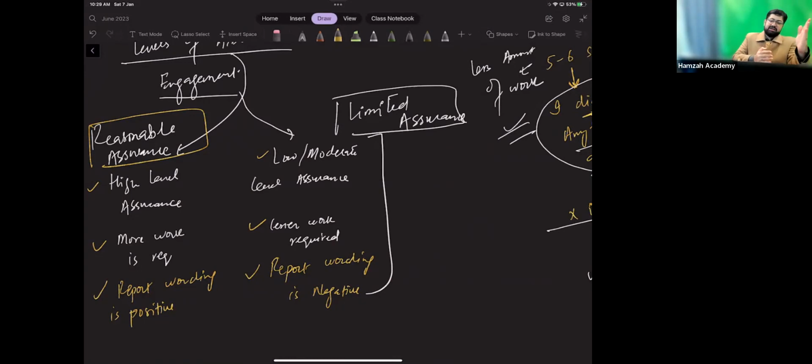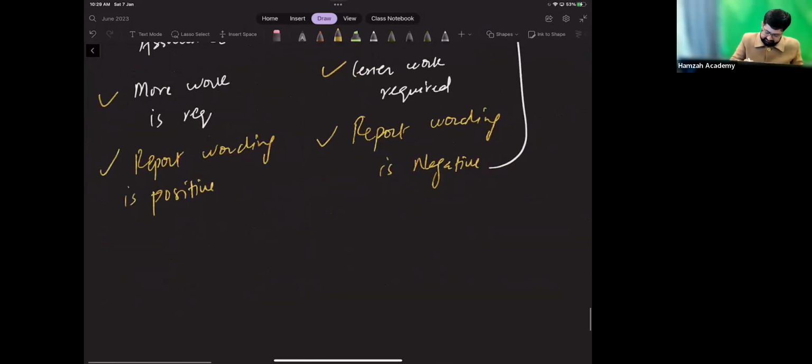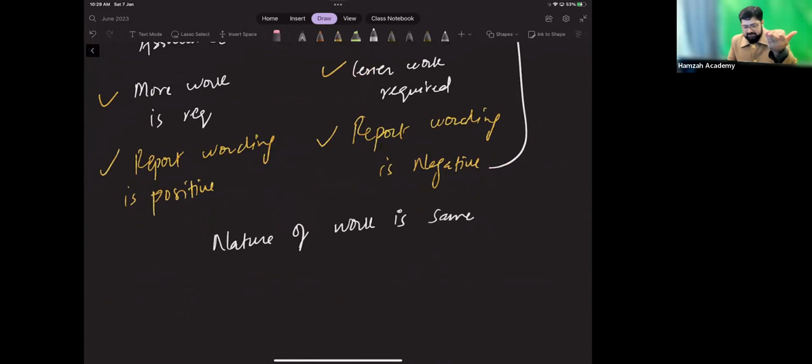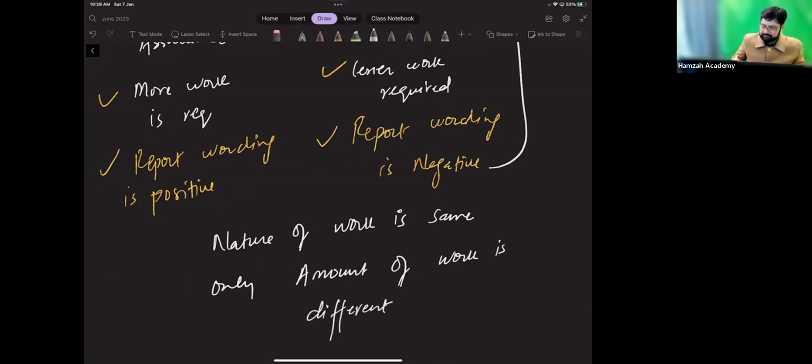In one case, the amount of work is high, hence the report is positively worded, a high level of assurance. In the other, the amount of work is less. So you see here, nature of work is same. Same type of work, nature means type, is same. Only amount of work is different.